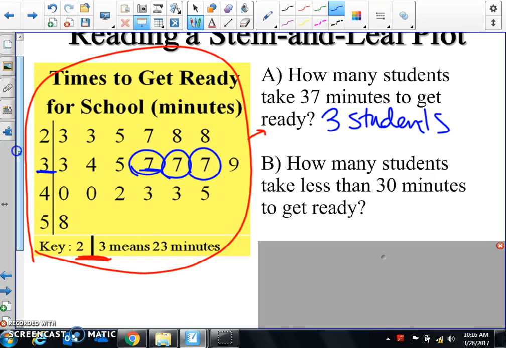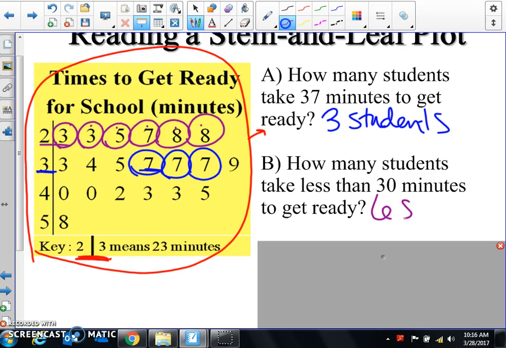So less than 30, not 30, but 29 and below. So I would say 23, 23, 25, 27, 28, 28. And then 33 is too many. So I've got 1, 2, 3, 4, 5, 6 students.